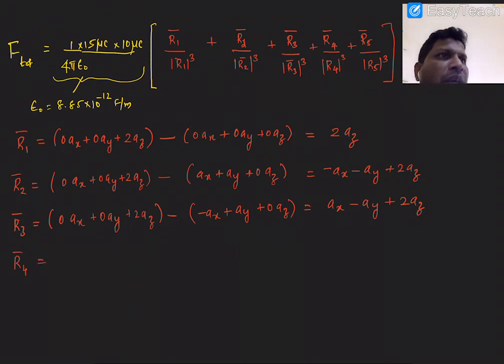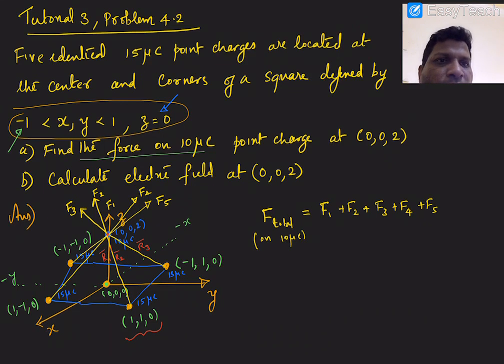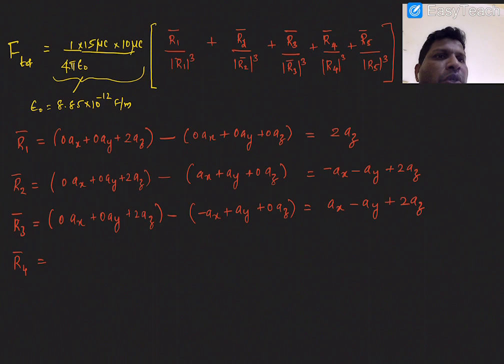In a similar way you can find R4. R4 is for F4. So F4 is the vector, this is the R4, and it is pointing from here. You can see here it is pointing from 1, minus 1, 0, and it is pointing to the same point 0 ax plus 0 ay plus 2 az.